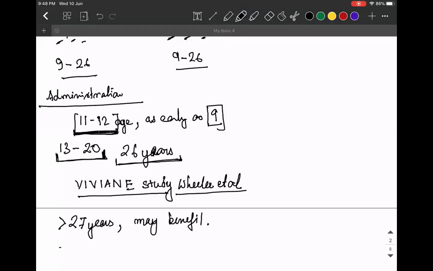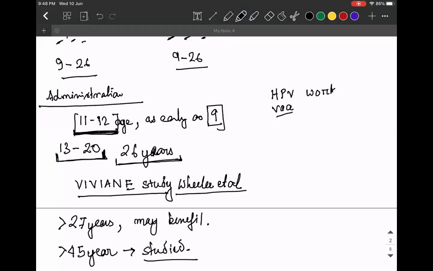But the age group beyond 45 years has never been studied. Right? So HPV vaccine works best with HPV naive people. Those patients who are HPV naive, who have never been infected with an HPV virus, it works best on them. Right?